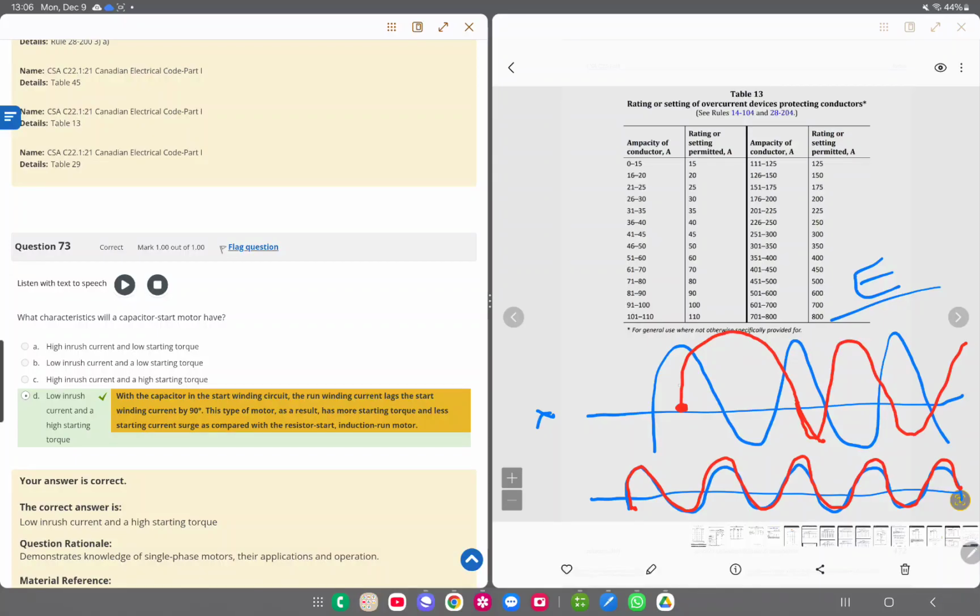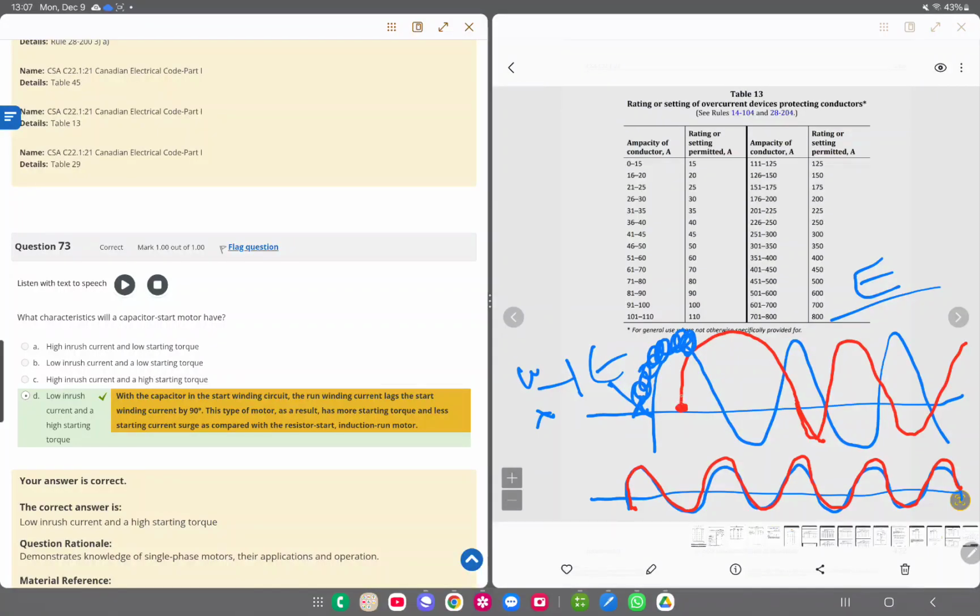So what they're trying to say is the voltage is being held back. Voltage is being held back in the winding with the capacitor. I don't remember how to draw a capacitor. In the winding with the capacitor, the voltage is charging, right? The voltage is charging.